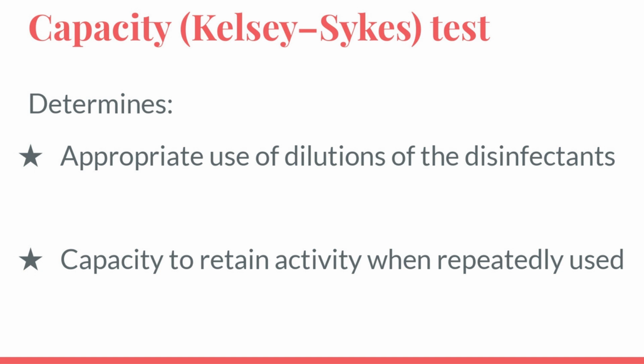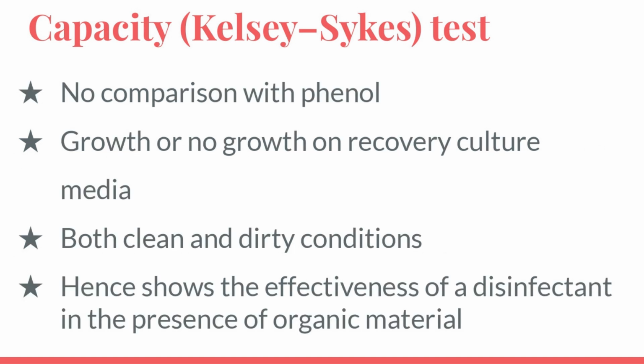And the second one is the capacity of a disinfectant to retain its activity even when it is used repeatedly. That is, the capacity of the disinfectant can be determined by using the Kelsey-Sykes test. That means we can predict whether the disinfectant loses its ability when it is used repeatedly for disinfection.